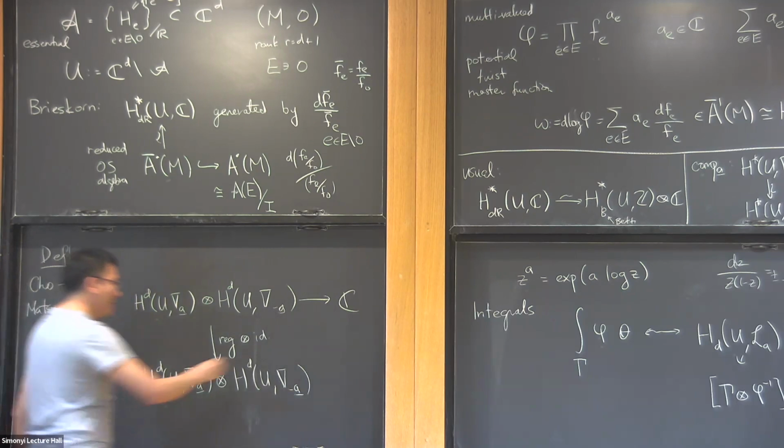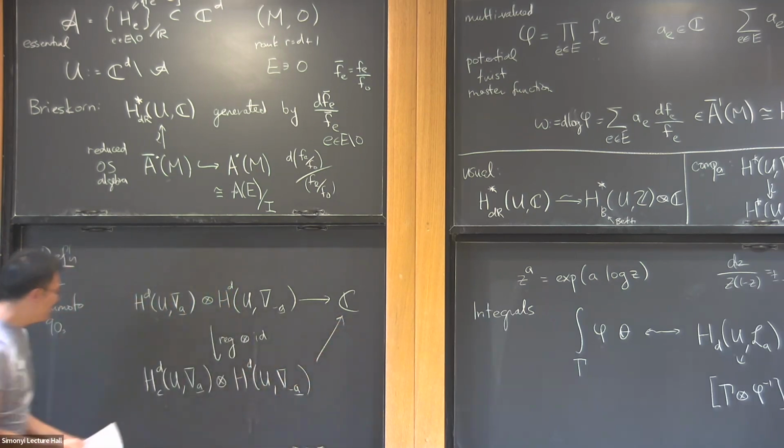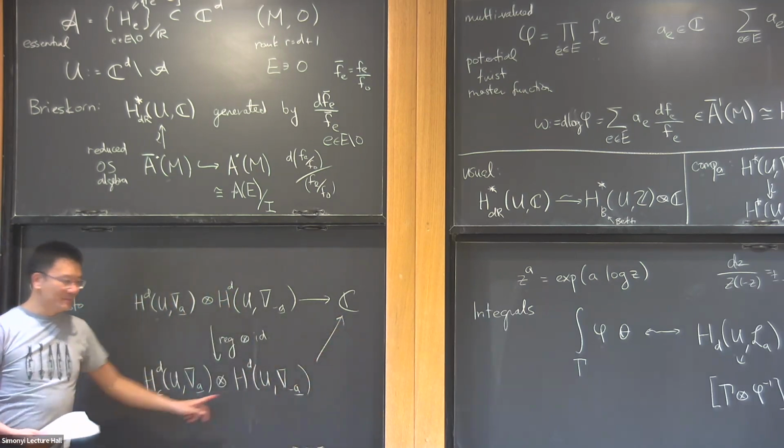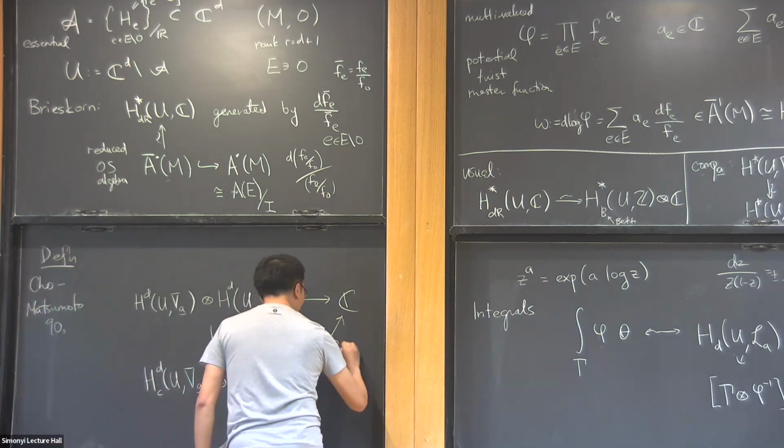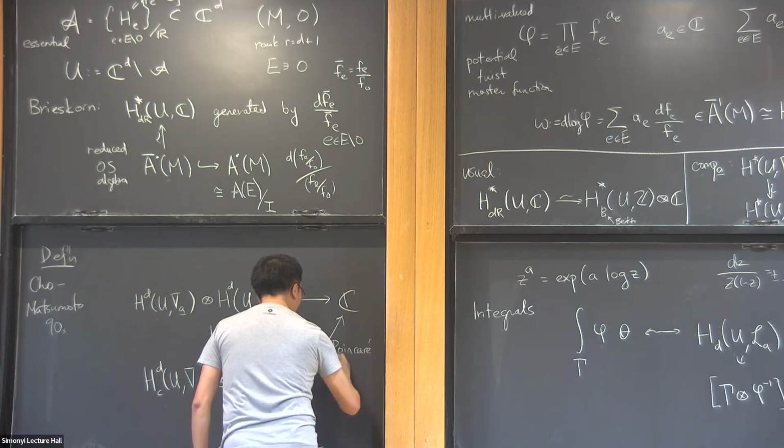And there's a Poincare duality between these two groups. So this is Poincare-Verdier duality.